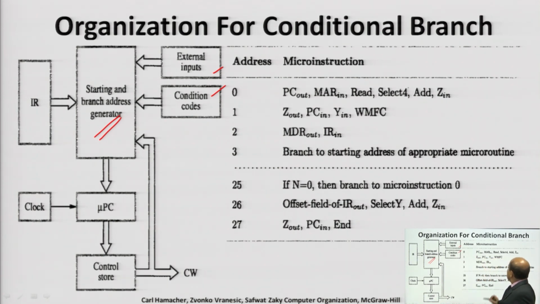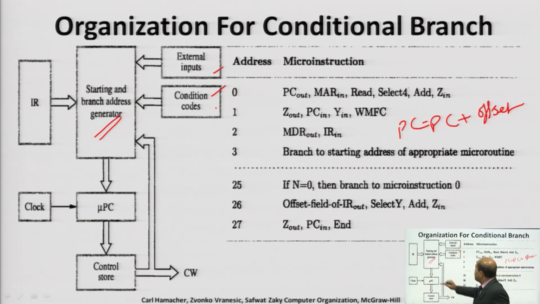If it is an unconditional branch, then it will directly jump to the particular location, and if it is a conditional branch, then conditions are checked, and if these conditions are met, then it will jump to the particular location, and the operation PC equals PC plus some offset value will be performed, and that location will be generated. And if the condition is not met, then it will go to the starting address or 0 location, the first address of the instruction micro routine.